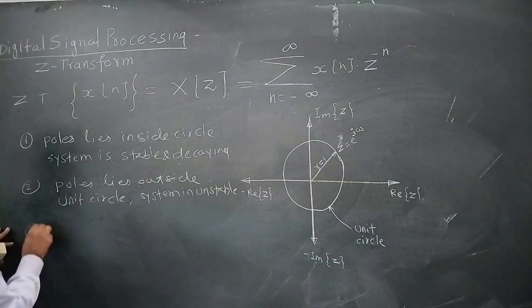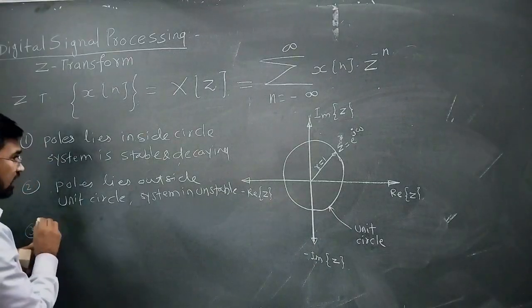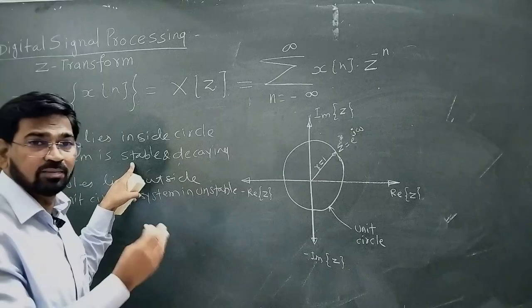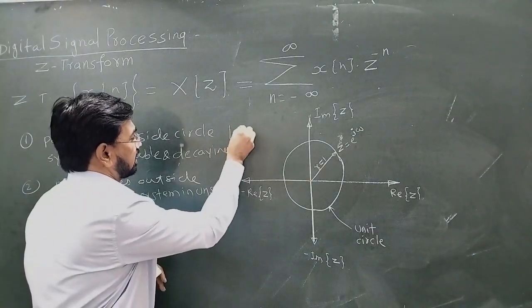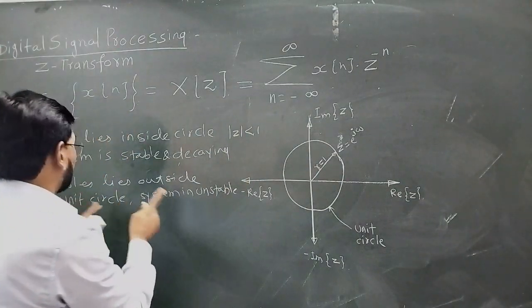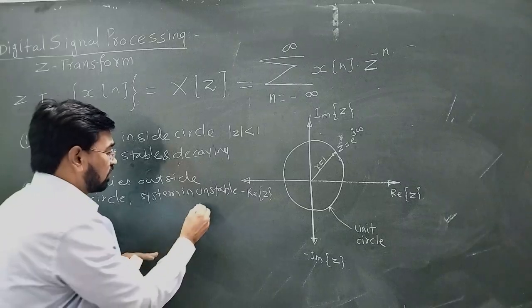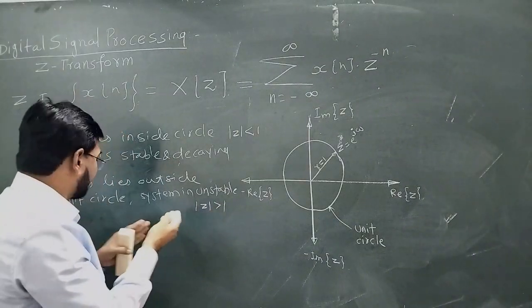Now, third case, when magnitude of Z is 1. So, in this case what will be the magnitude of Z? Inside the unit circle, magnitude of Z should be less than 1. In the second case, the poles lie outside. Why do the poles lie outside? Because magnitude of Z is greater than 1, that is the reason.